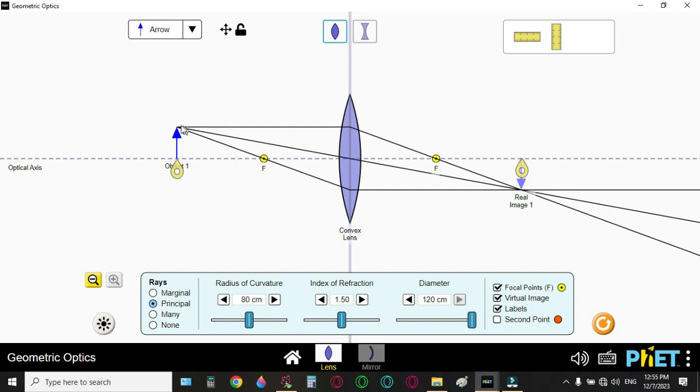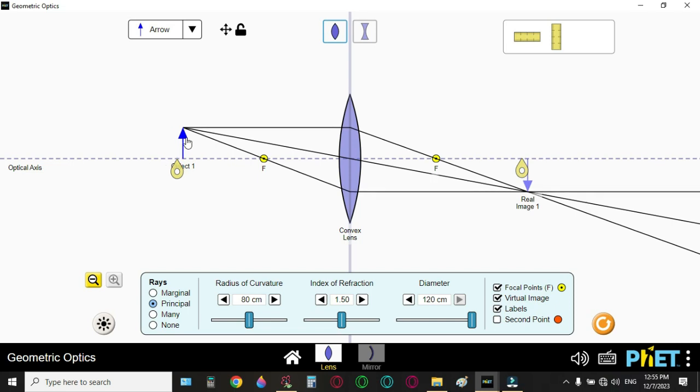And then the third ray is drawn from the head of the arrow towards the focal point. Then it refracts, and the refracted ray is again parallel to the optical axis, and they should meet at this point, where the real image is formed. I hope that is clear for the second case, that is, if the object is located at the center of curvature.